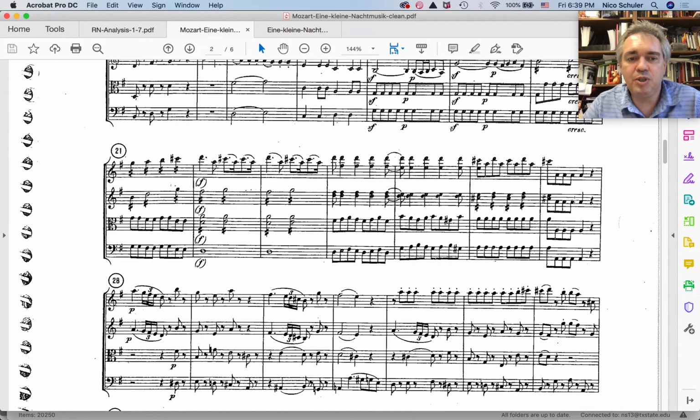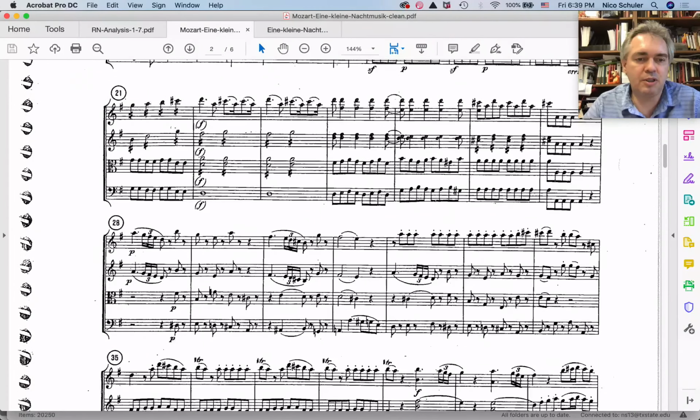Now, this seems to be the end of a phrase or some kind of formal unit, but it ends on A. But it is very likely because this may be the dominant and has also a dominant pedal. And if we go to the next system here, it starts on A, but it goes scale-wise down to D, right?